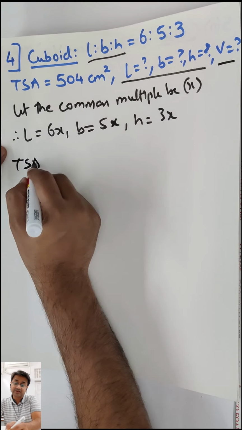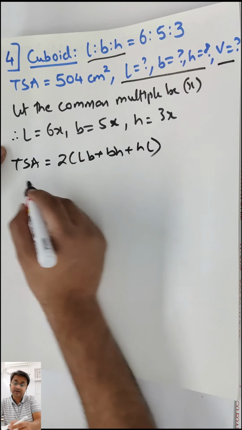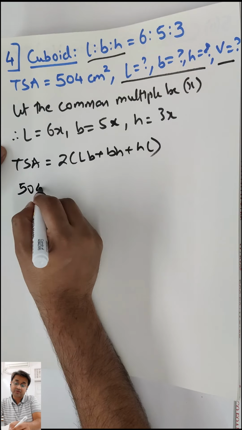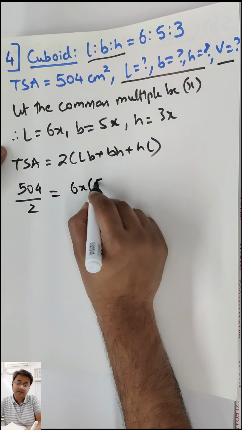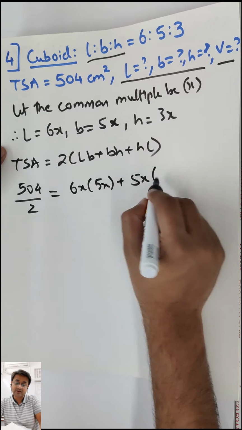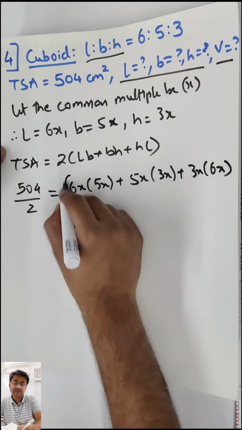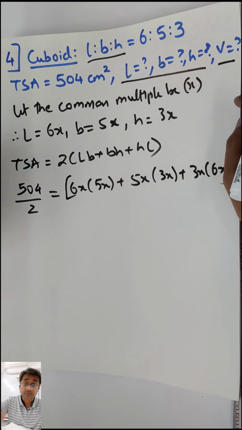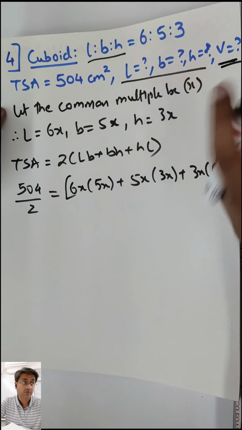So total surface area is twice length breadth, breadth height and height length. So this is given to you as 504. Let's push 2 down. Length 6x, breadth 5x, 5x into 3x, and finally 3x into 6x. So let's see how we can work it out. Come on, pause it right now on your own, get me the value of x, and then we'll try and find the volume.